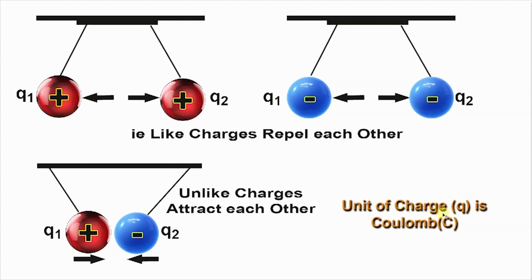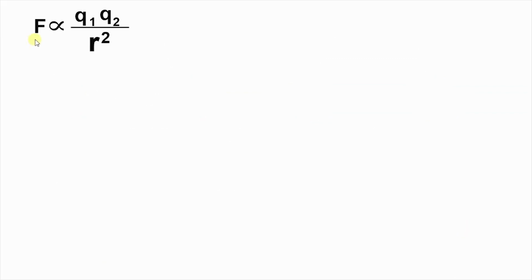Charge is denoted by Q and its unit is Coulomb, denoted by capital C. The force of attraction or repulsion between two charges Q1 and Q2 separated by a distance of r meter is proportional to the product of the charges divided by r square. To make the proportionality an equality, we need a constant.